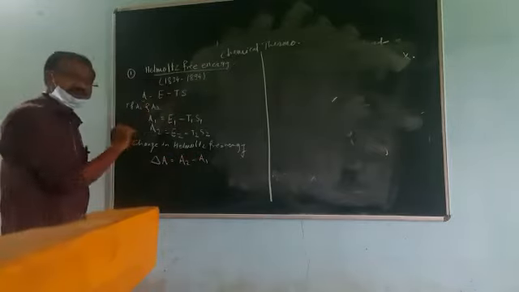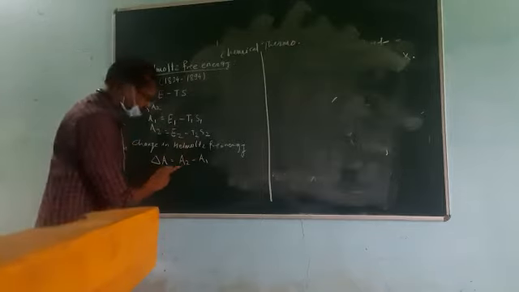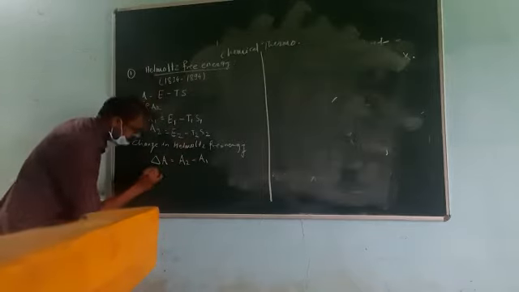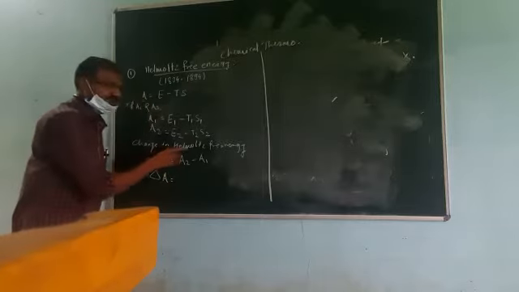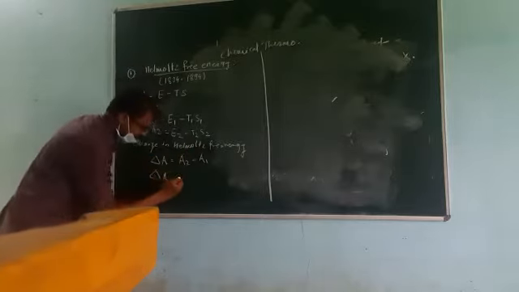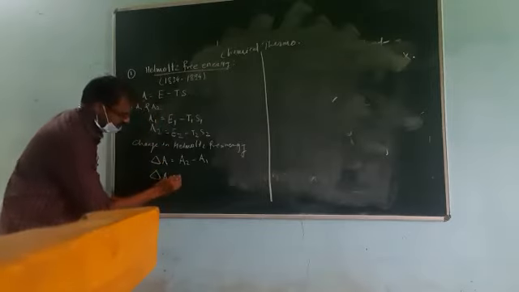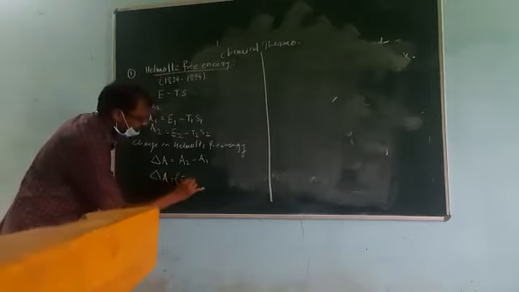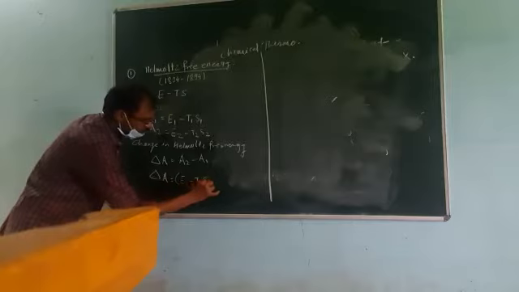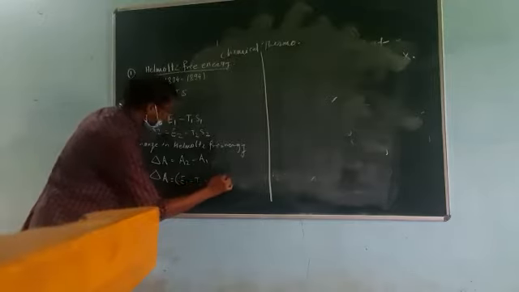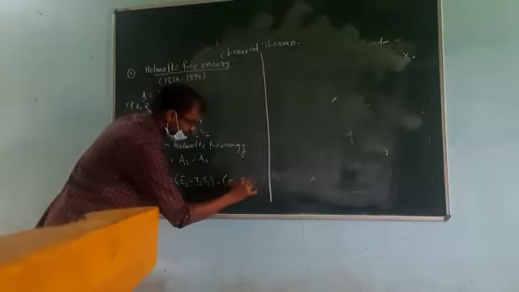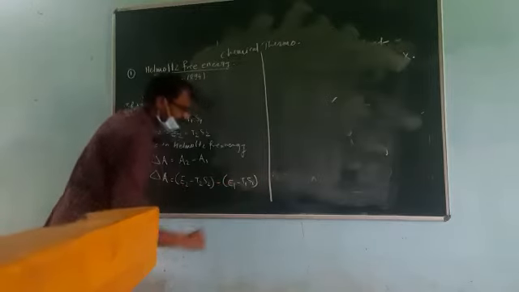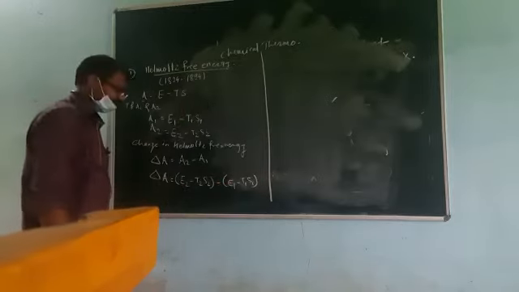Put the values of A1 and A2 in this equation, then we get delta A, the change in Helmholtz free energy: A2 is E2 minus T2 S2, minus E1 minus T1 S1.